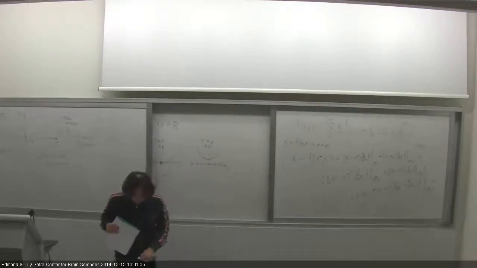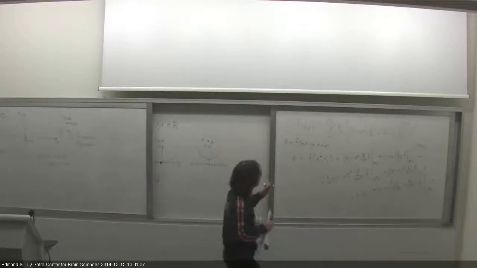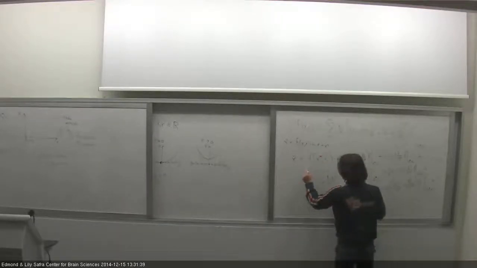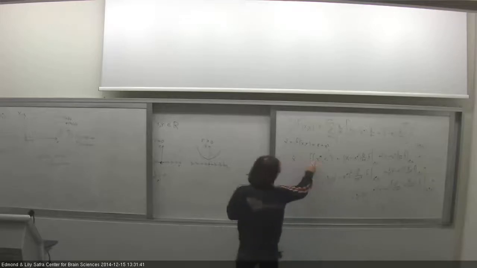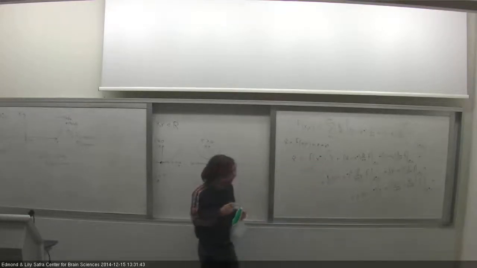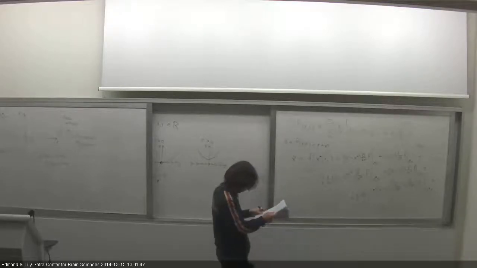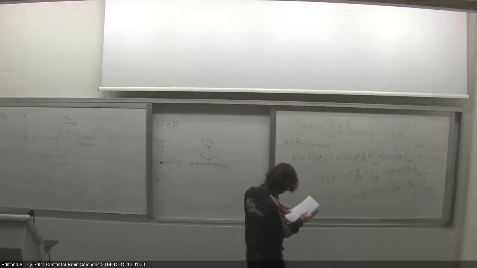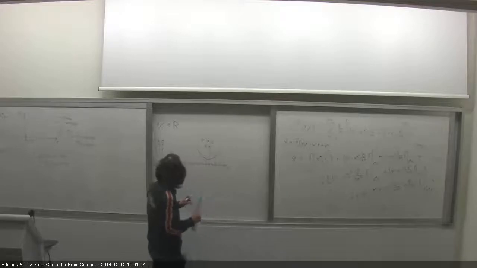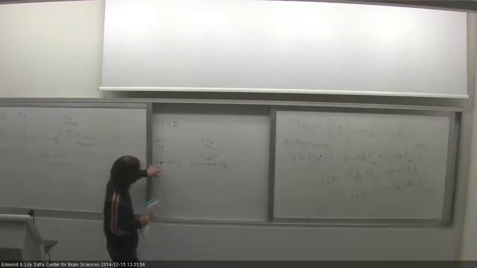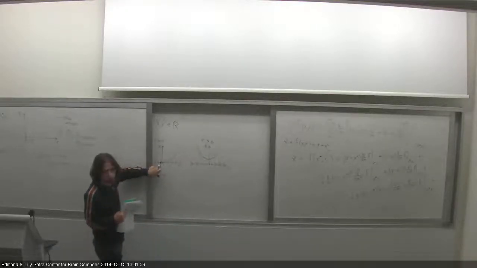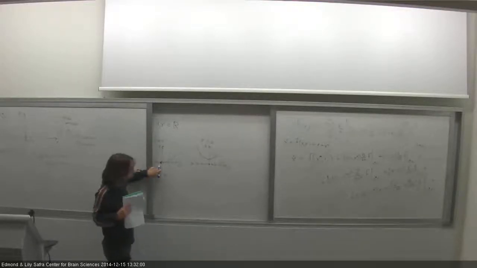Okay, so let's see what this gives us. The function evaluated at a fixed point is just 0, right? It's hard to see here, but in the saddle node bifurcation, the derivative with respect to x is 0 at the bifurcation point.